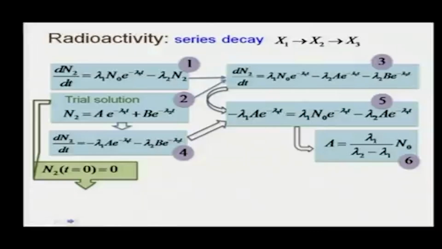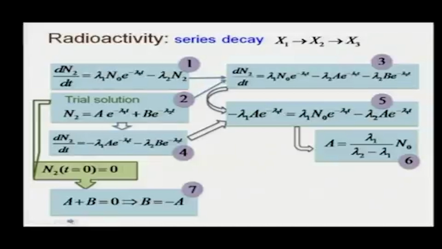So at time t equal to 0, x 2 type of nuclei were not present, which means n 2 at t equal to 0 is equal to 0. From the trial solution, at t equal to 0, n 2 is a plus b, which is equal to 0, so b should be equal to minus a.